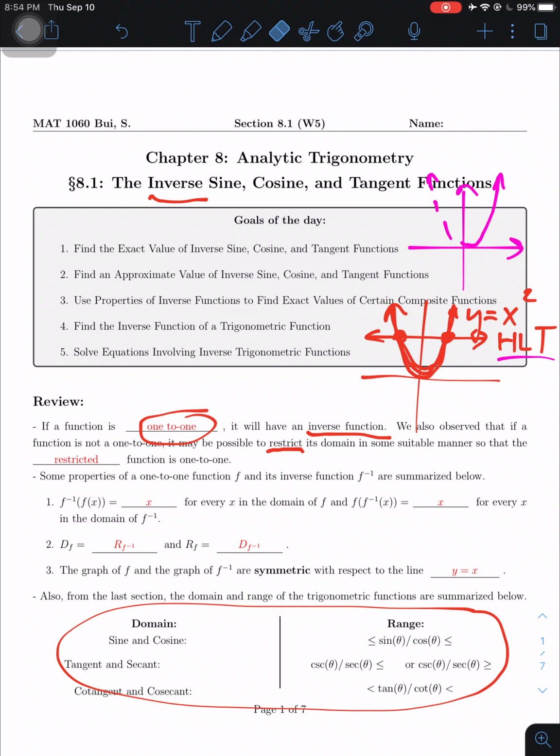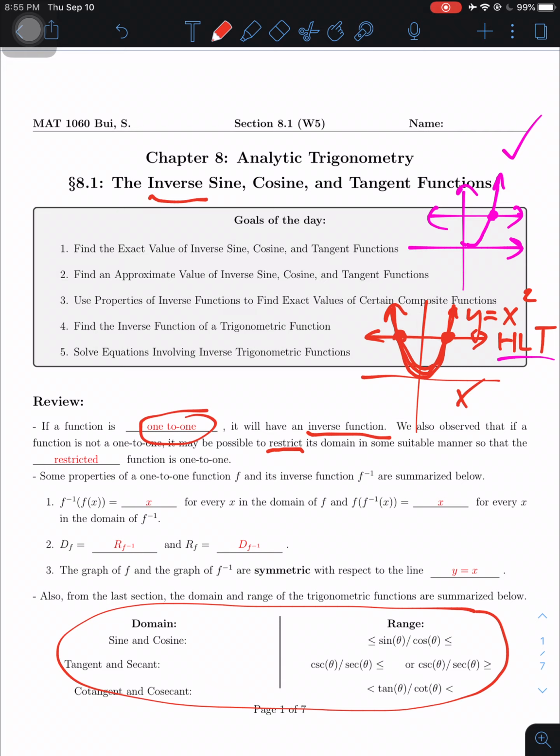So let me take this away, and in here, if you do the horizontal line test, anywhere in here you will see that the horizontal line only touches the curve once. So this one is indeed a 1-to-1 function. In this case, we're going to have an inverse, while the full one does not have any inverse because it doesn't have the 1-to-1 property.